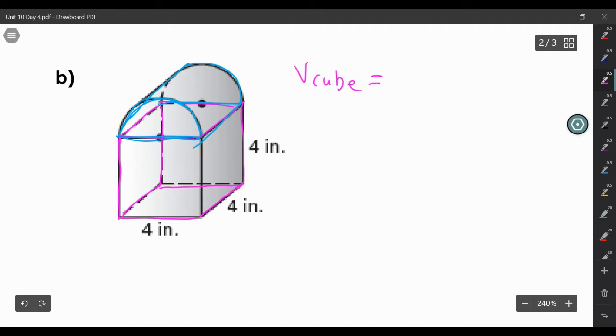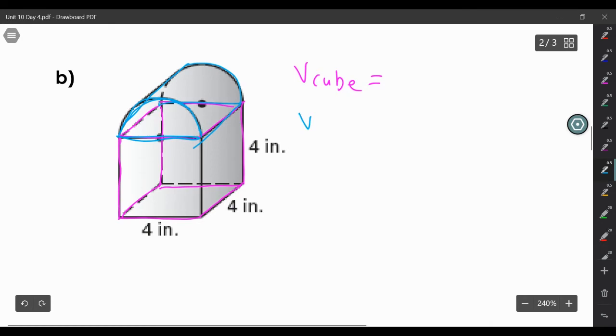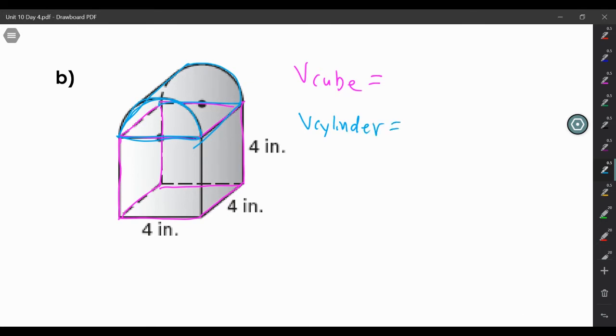You'll calculate that. And then I want you to calculate the volume of the cylinder. Pretend the cylinder is a full cylinder right now, and then we can divide it by 2 later. The radius of this cylinder, you're going to have to figure out. Well, if this side is 4 right here, that means this is 4 as well.